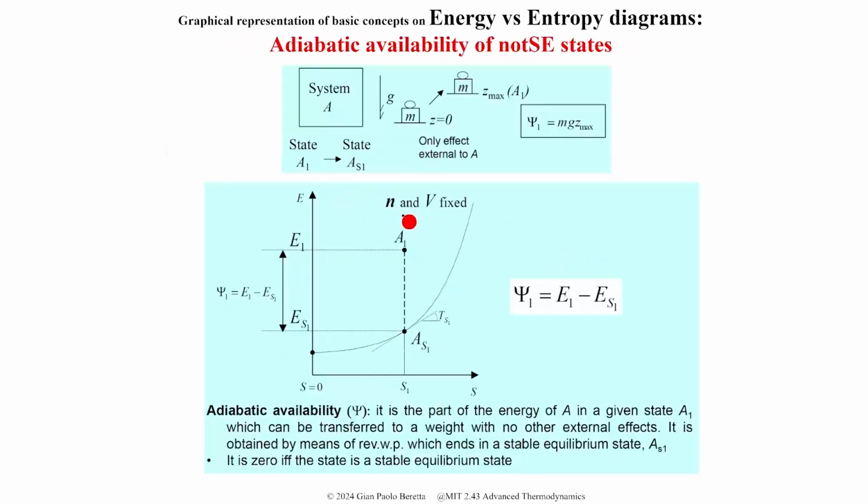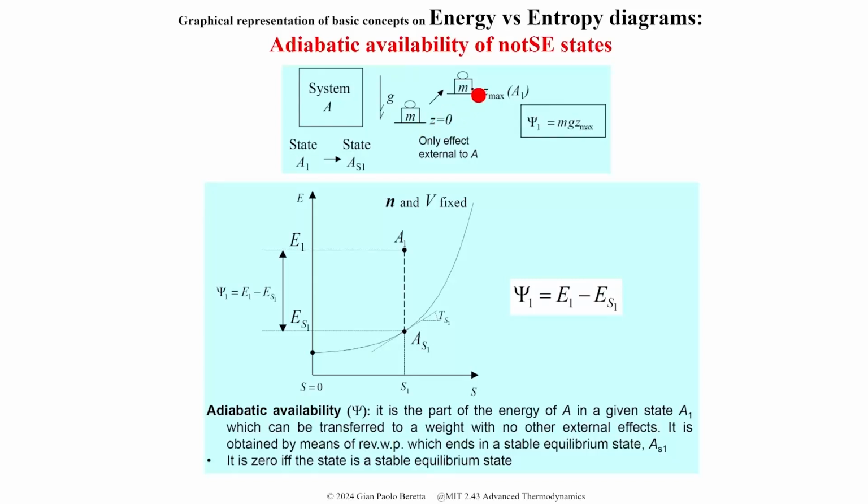Okay, we have seen that with this diagram, if I have a generic state here, and I want to represent the best I can do in a weight process, best in the sense of trying to extract as much energy as possible from our system in such a way that we make something useful, like lifting a weight.